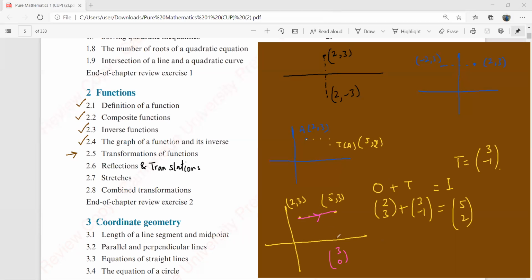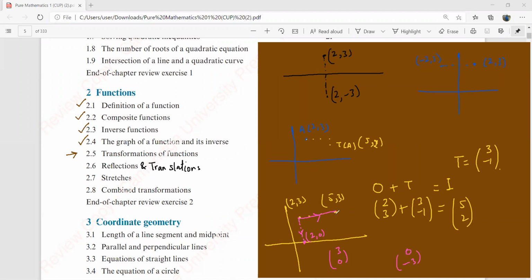Now suppose this was translated onto here. What would be the translation matrix? 0, minus 3, because this has gone down 3 steps, vertically down. So that would be 0, minus 3.